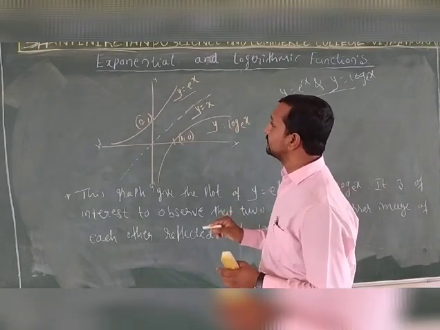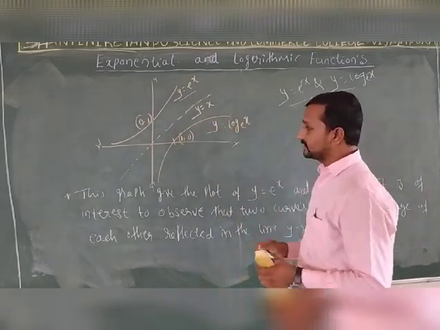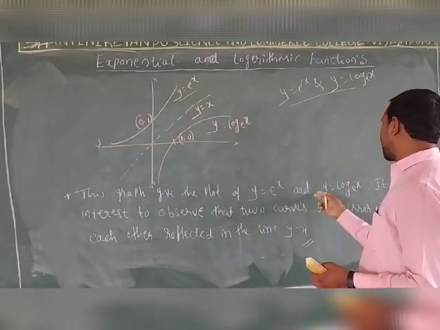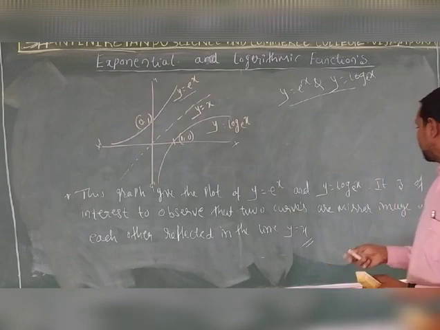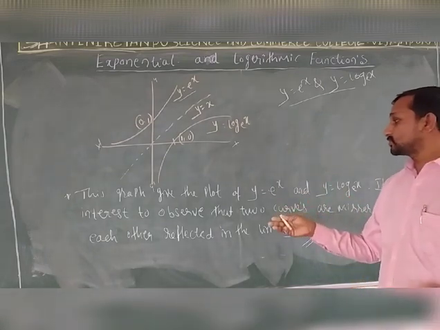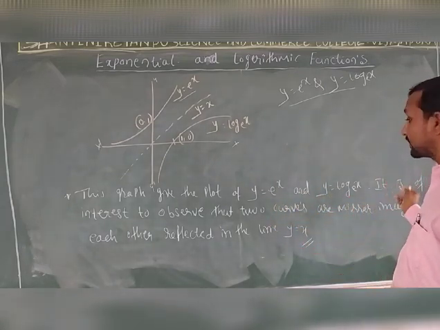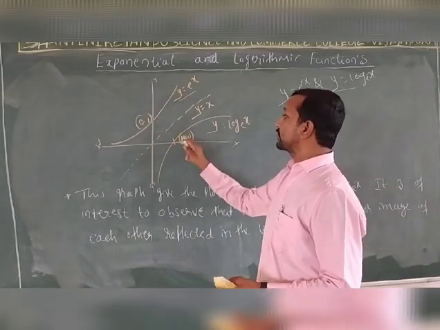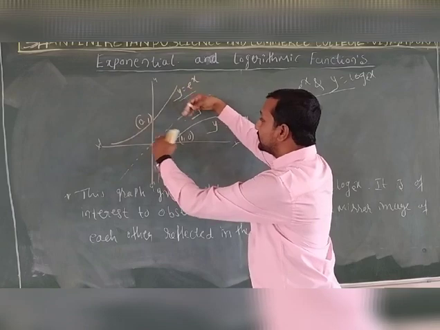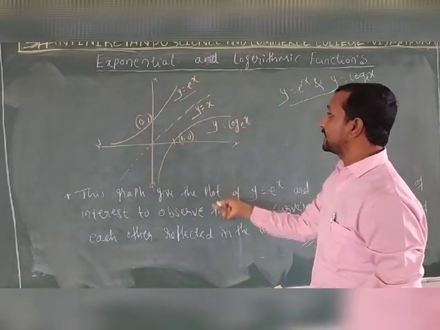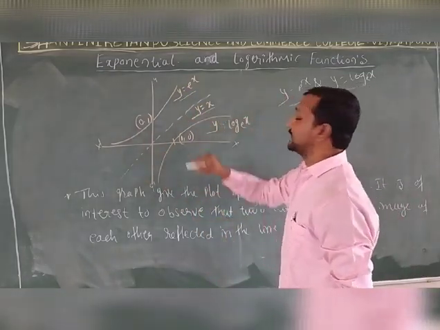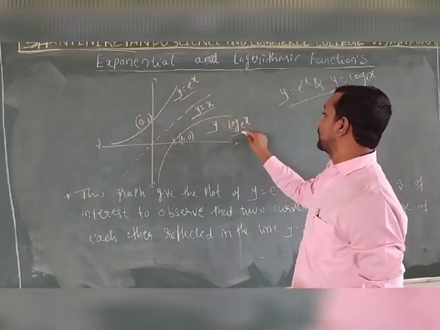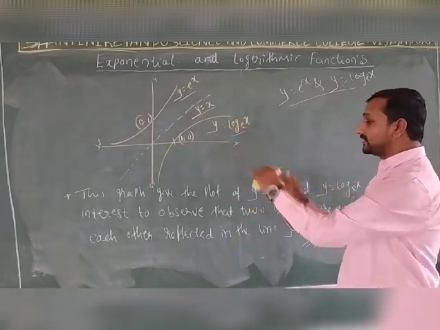Okay, here see that what is that? This graph gives a plot of y equal to the exponential function and y equal to the logarithmic function. It is of interest to observe that the two curves are mirror images of each other, separated by the line y is equal to x. That means the exponential function and logarithmic functions are inverse to each other.